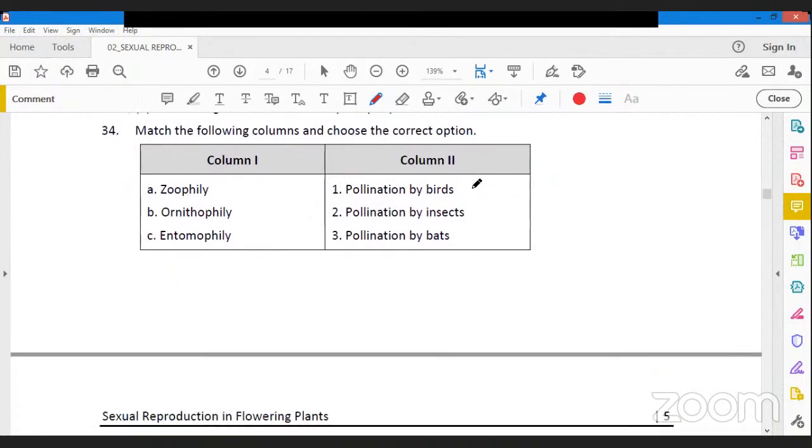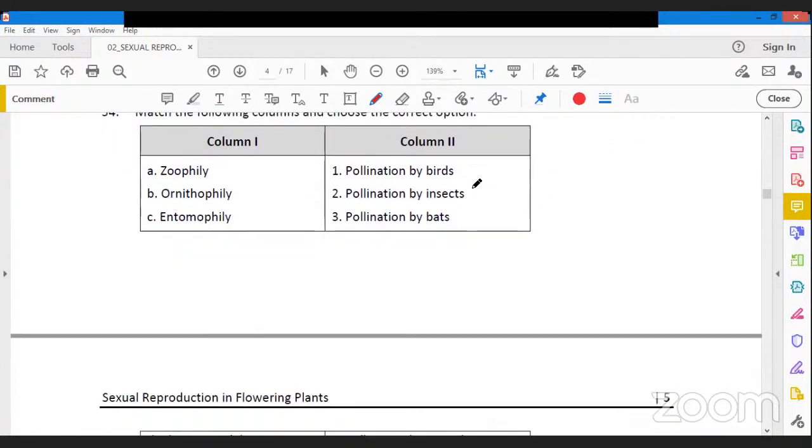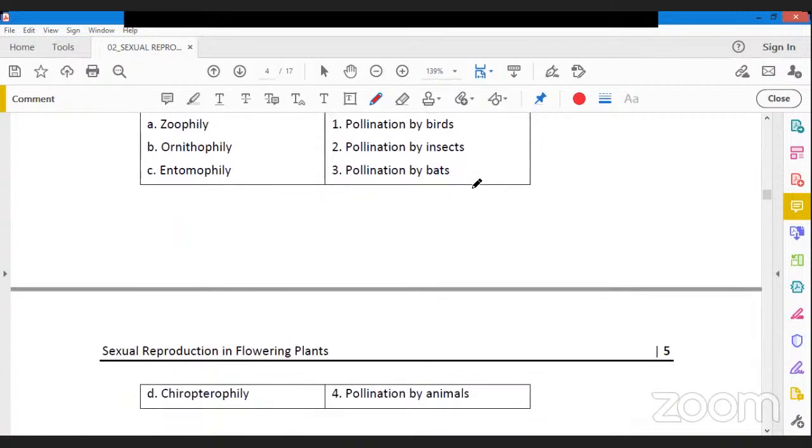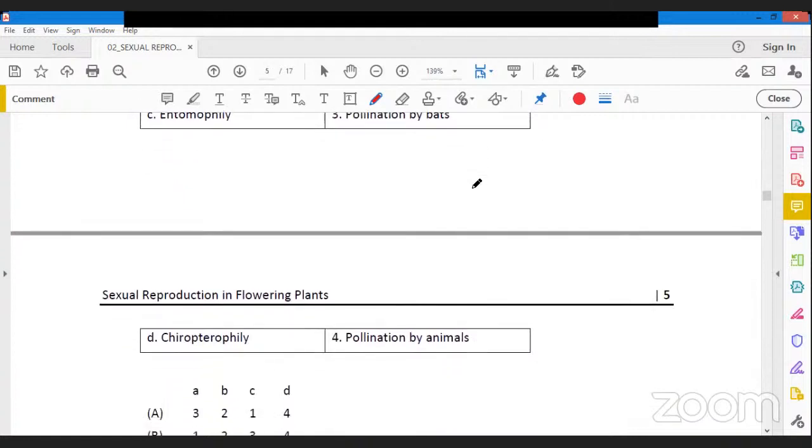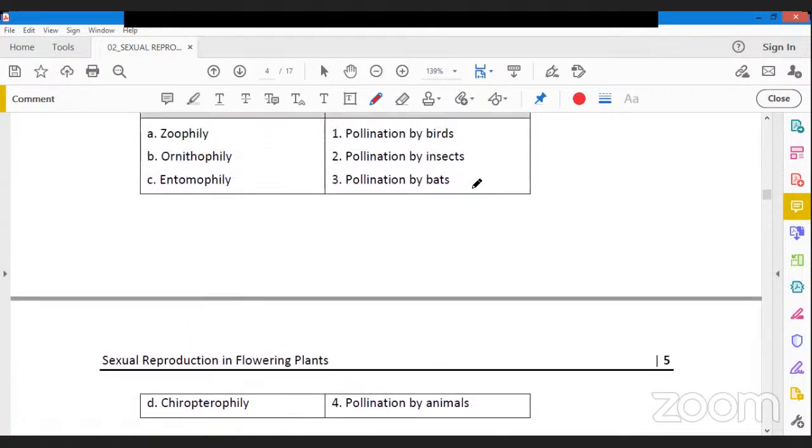Match the following columns and choose the correct option. Zoophily, pollination by animals. Ornithophily, pollination by birds. Entomophily, pollination by insects. Chiroptophily, pollination by bats.